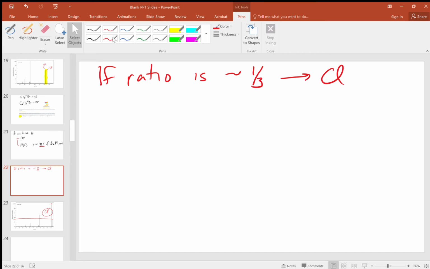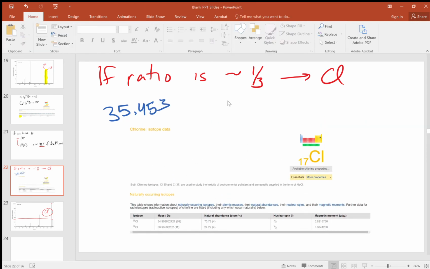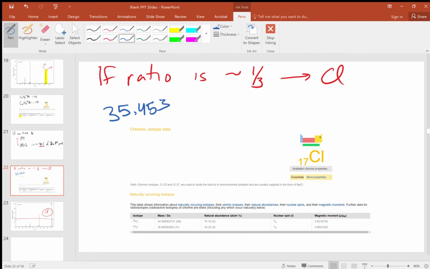Well, the mass we find for chlorine on the periodic table is 35.453. Just like bromine and carbon, and like pretty much every other element, we have more than one stable isotope for chlorine. In the case of chlorine, it's chlorine 35 and chlorine 37, and chlorine 35 is about 3 times more abundant than chlorine 37, and so that's why we get the pattern that we do here.